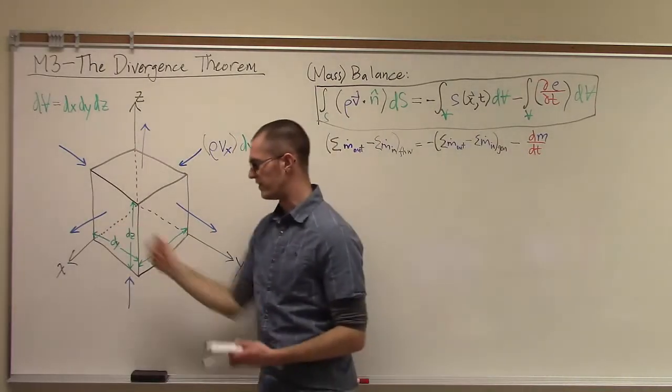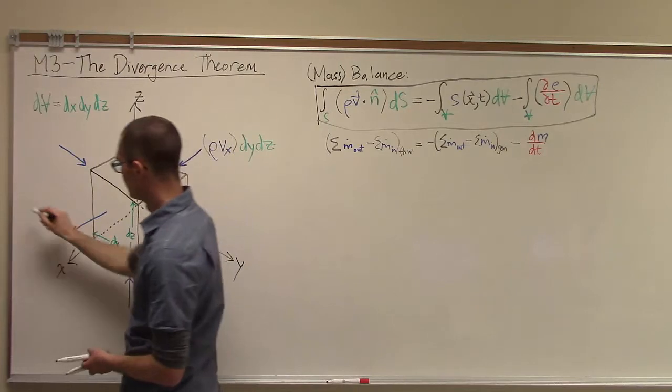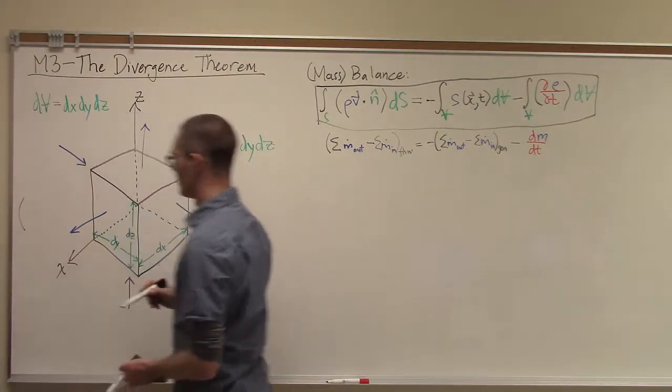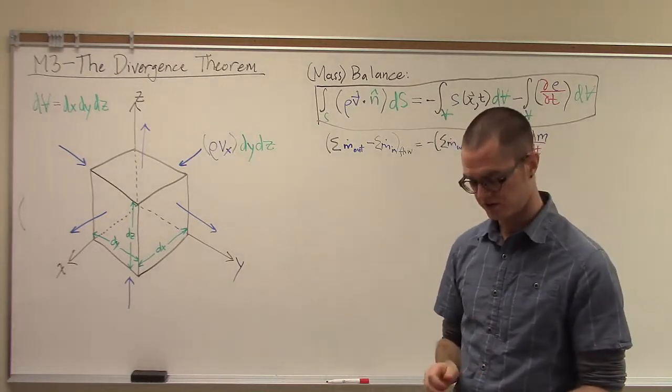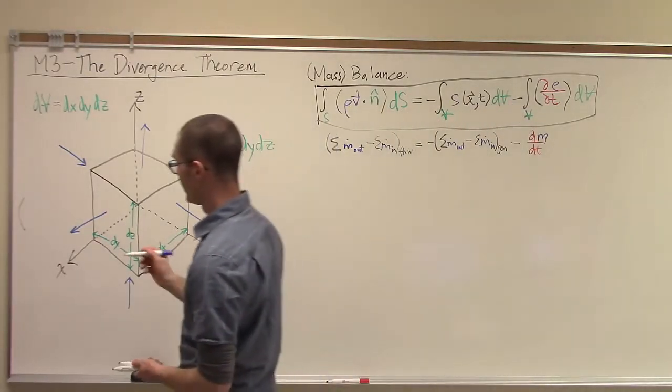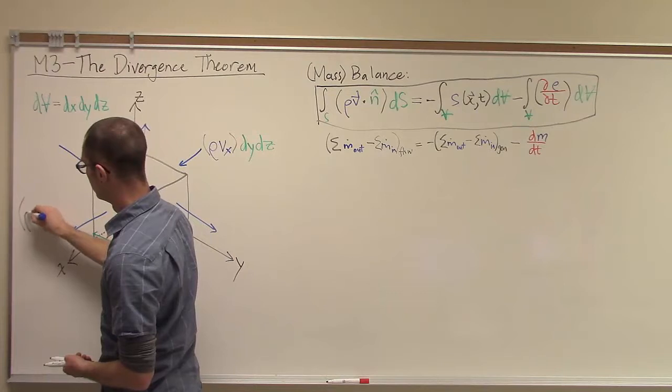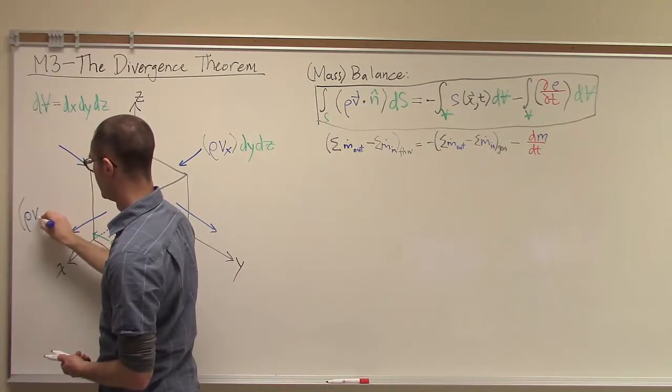Flowing out on the other side, now thinking back to our definition of the total differential, we'll write the amount flowing out over here as rho vx.